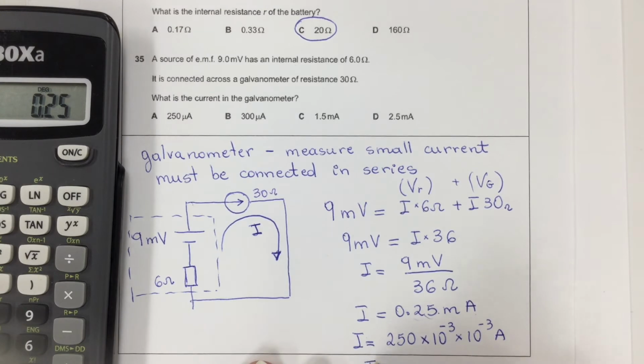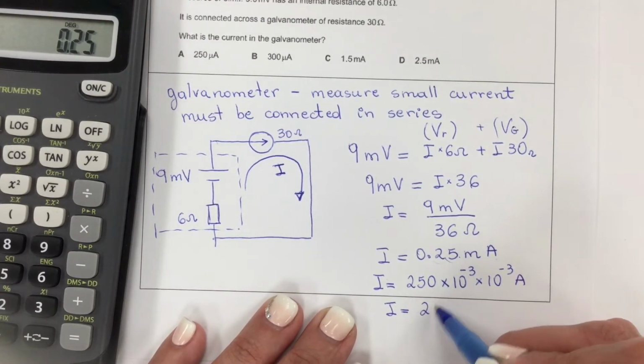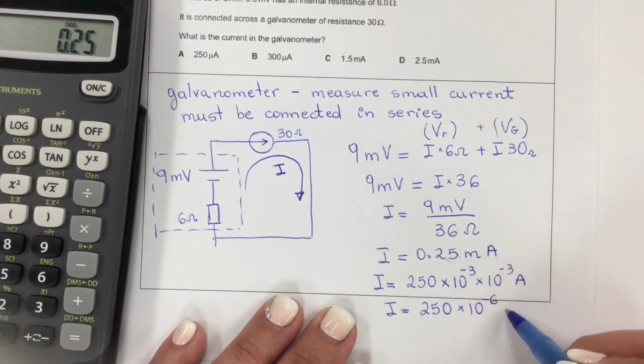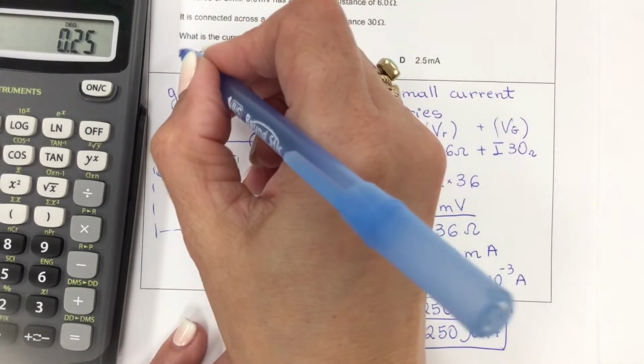So my I is 250 times 10 to the minus 6 amps, and 10 to the minus 6 is microamps. So that's my final answer. A.